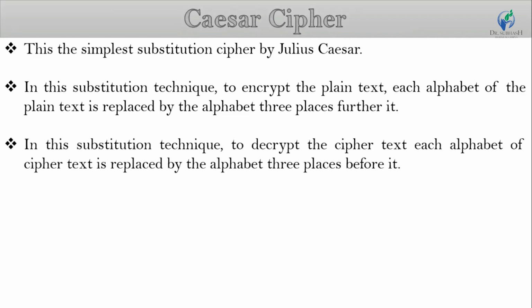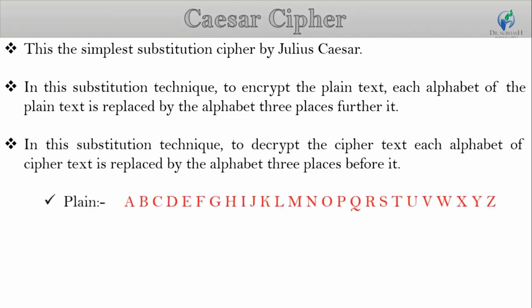We can define the transformations by listing all the possibilities as follows: plain text is A, B, C, D, E, F, G, H, up to Z. Based on that plain text, we have assumed the ciphertext.